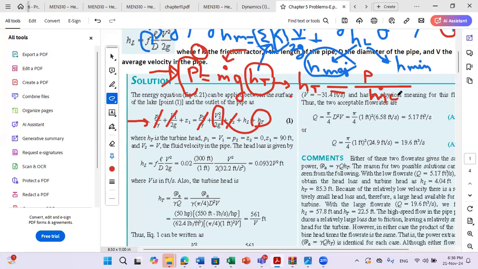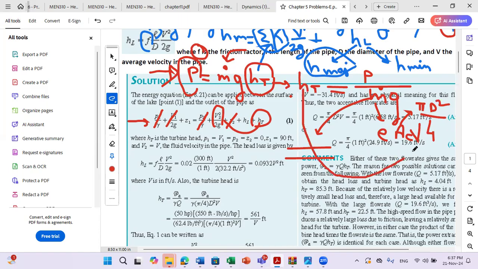And m dot is a function of my velocity, because m dot is the mass flow rate through my duct system. So I can replace m dot by rho times the cross-sectional area of my ducting system. Since I have the diameter, I can say that the area is pi d squared over 4, times the velocity.